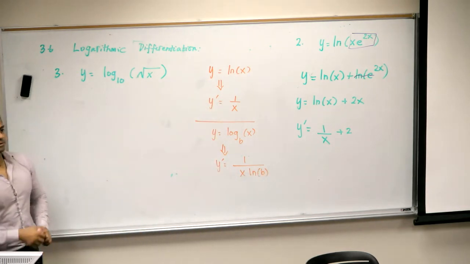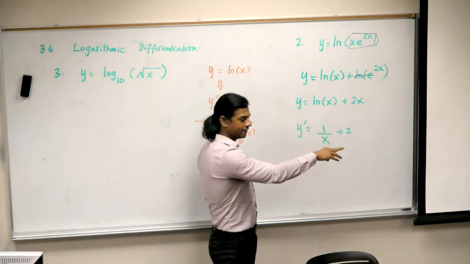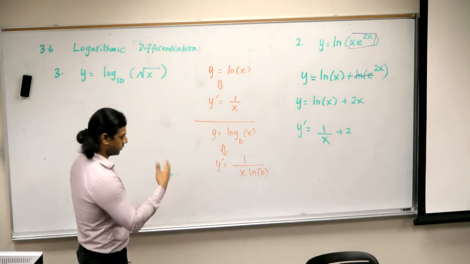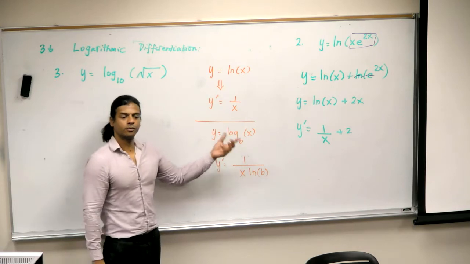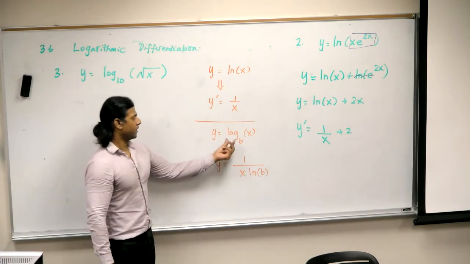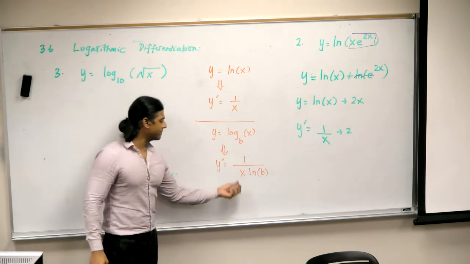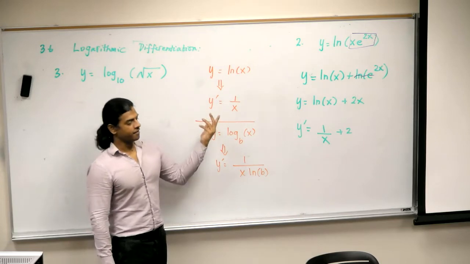Good. That's lovely. Just like I had a generic formula for b raised to x for any b, which I showed will work out even for e, this is the generic version for a log. So it doesn't matter what base you have. If you take the derivative, you always get 1 over x ln of b. You can verify it.